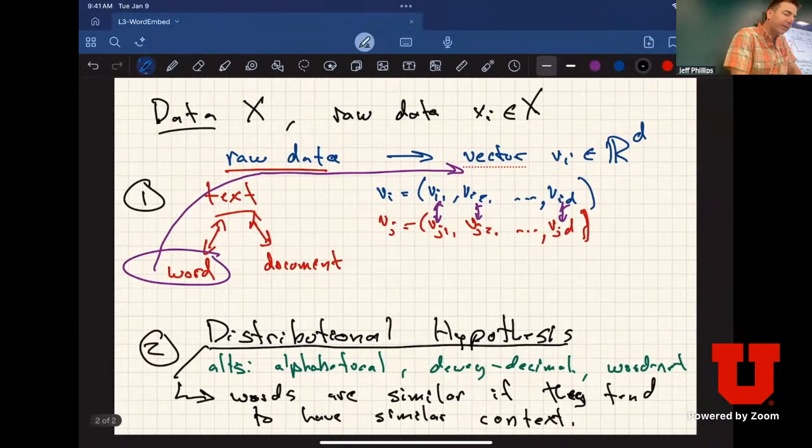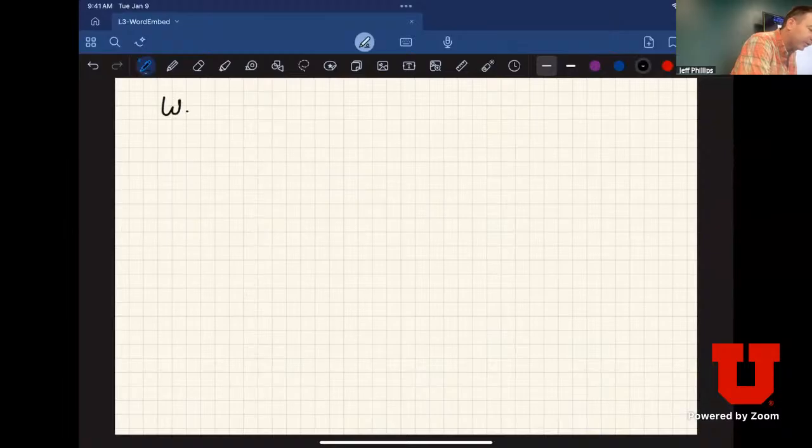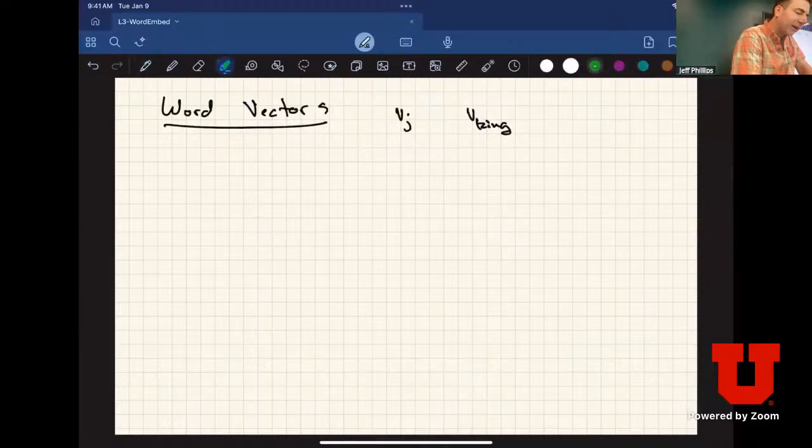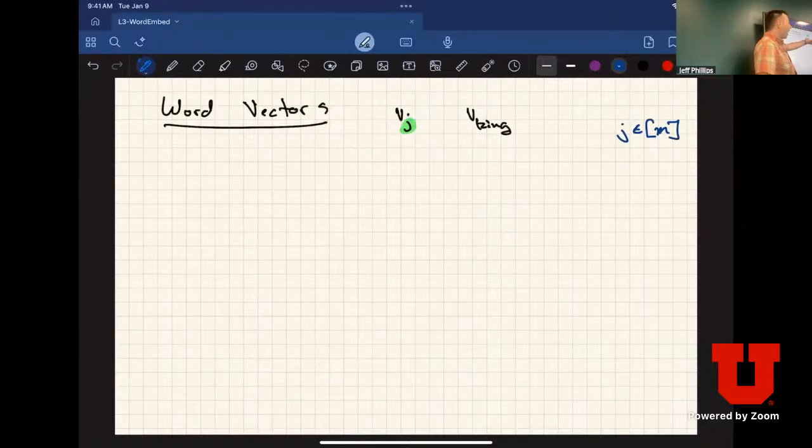So what this will end up leading to is that we're going to get these representations of words as vectors. We're going to think of every word, so I've called this V_j, but you want to think of this as V_king. Remember how in the previous lecture we said we're just going to have some large domain where j is abstractly an element of the domain?